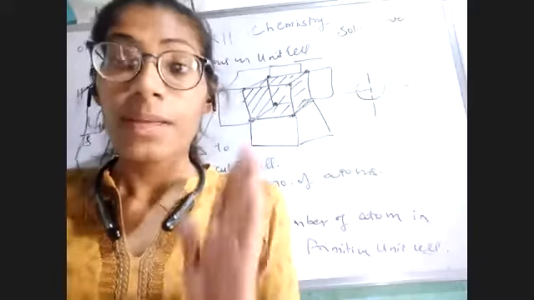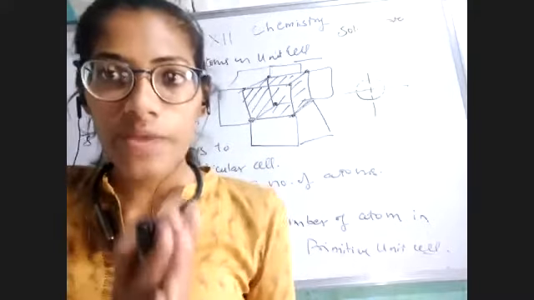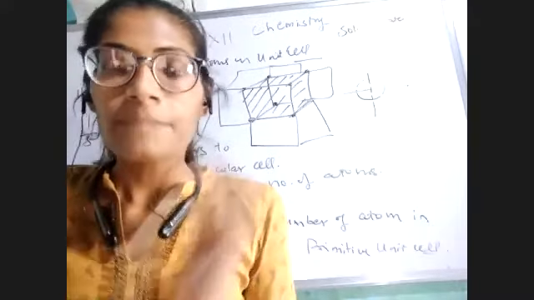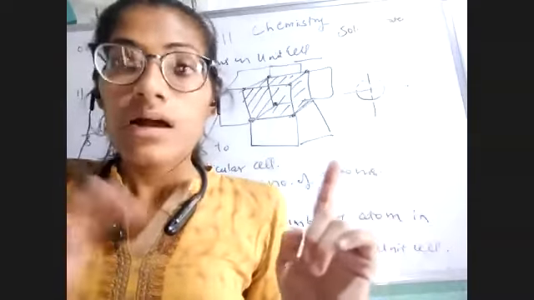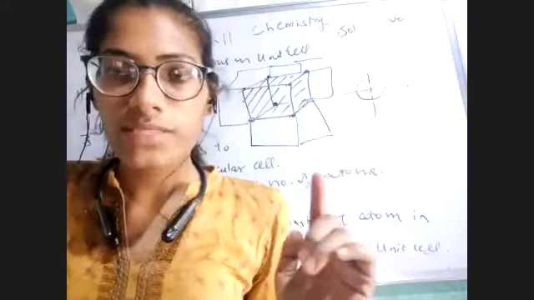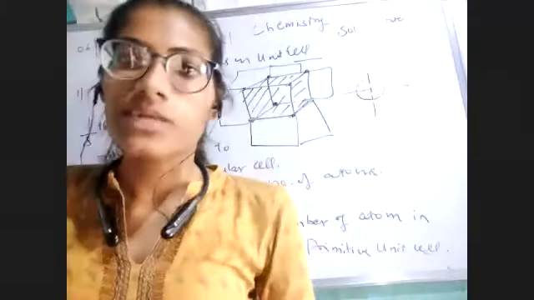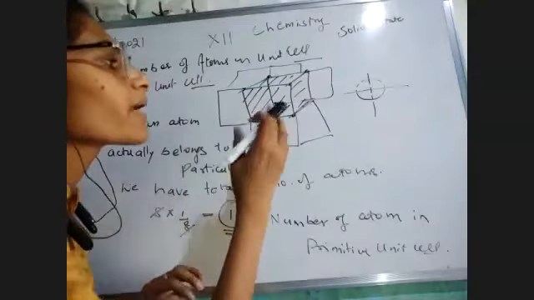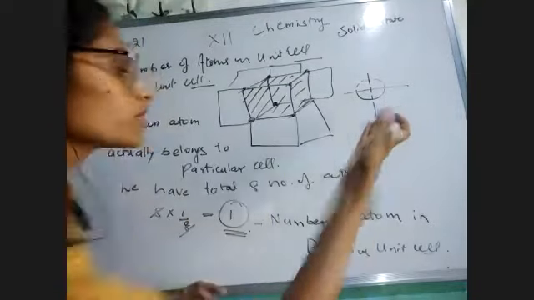That is quite true. But I am saying that imagine it in 3 dimensions. Imagine this unit cell covered in all directions, on all the faces, by 8 different unit cells. So this is shared by 8 different cells, as I have shown.